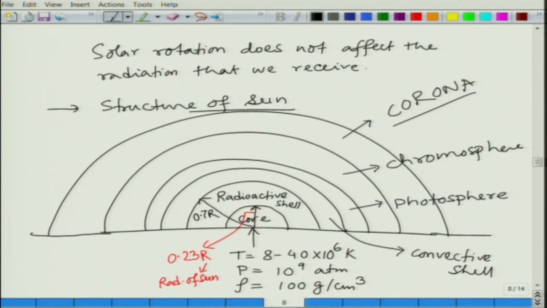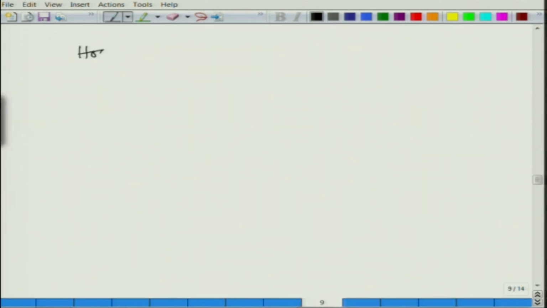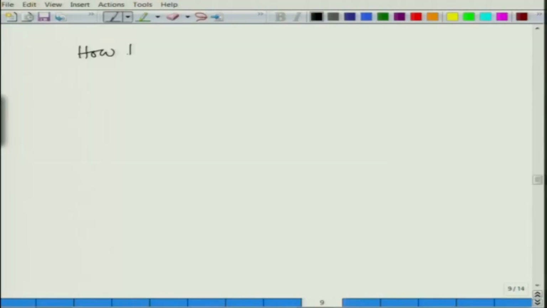But all the structure of the sun is very interesting. However, what it boils down to is how we are going to represent the sun as an energy emitter.